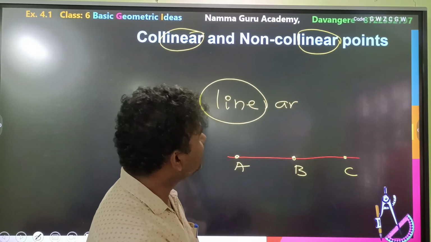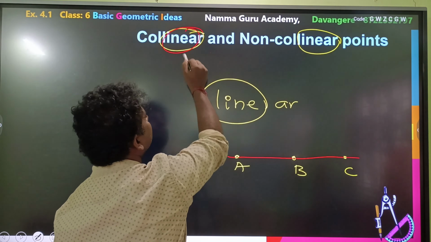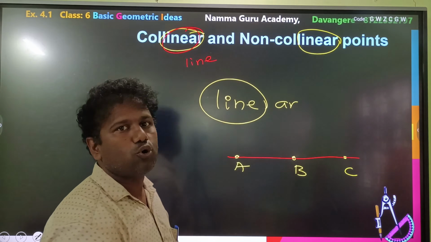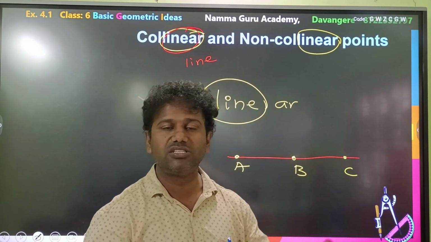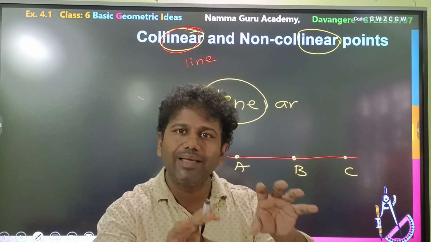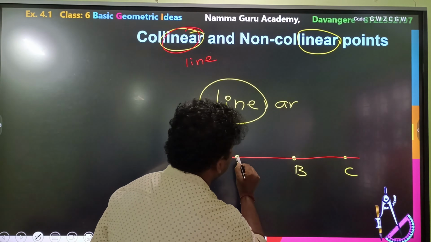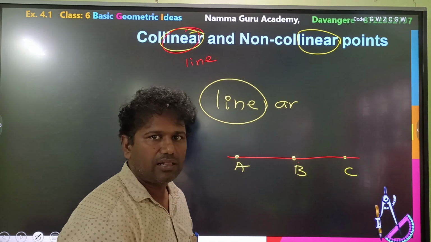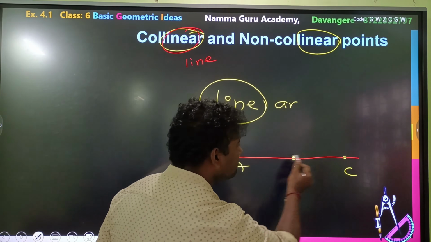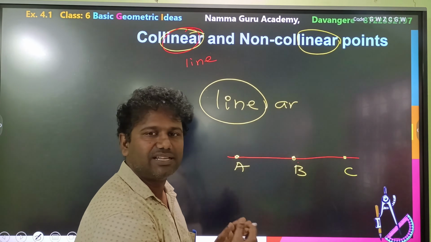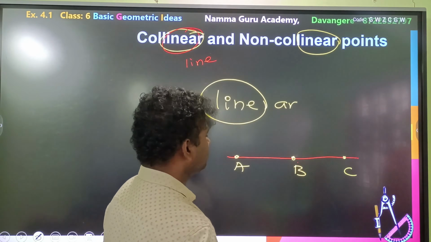You need to understand linear means related to line. Collinear, co-education, boys and girls, they go to the same school, they study in the same school, in the same way A, B, C, they are all there on the same line. Hence these are called collinear points.